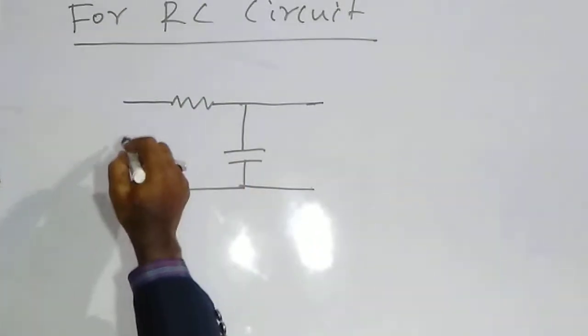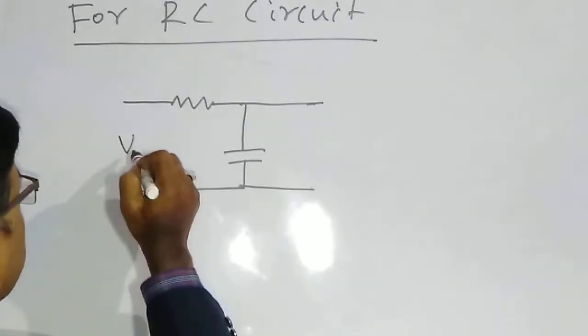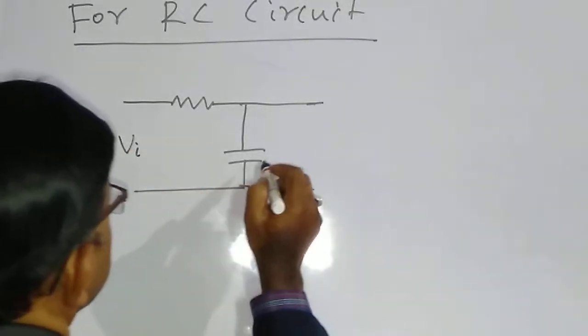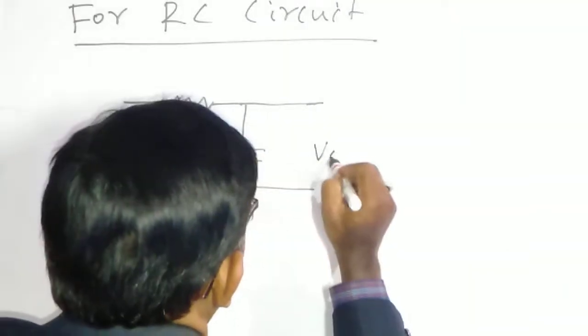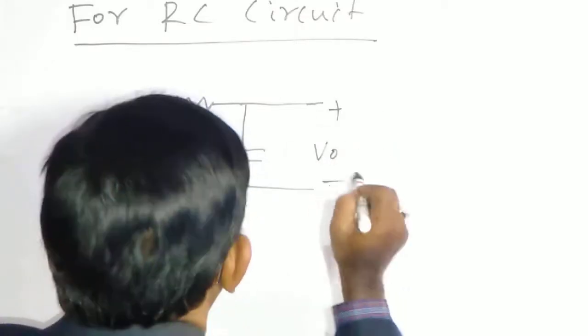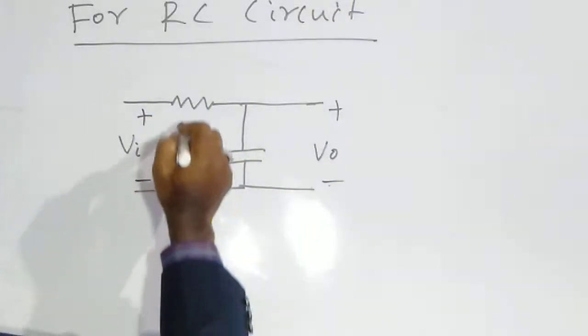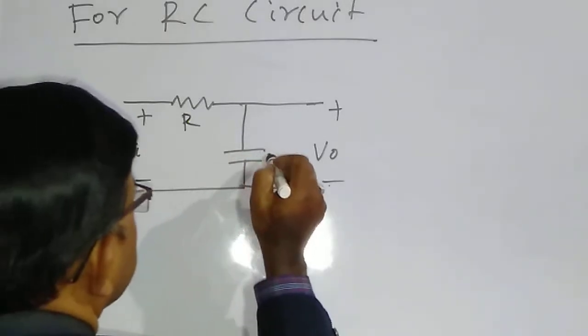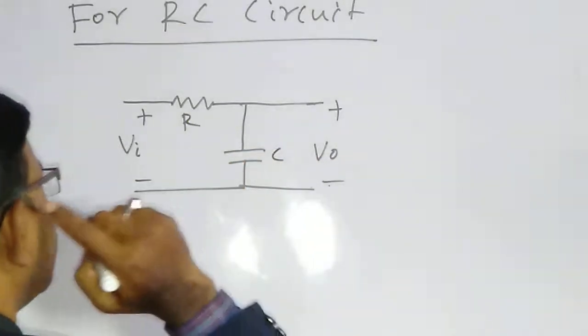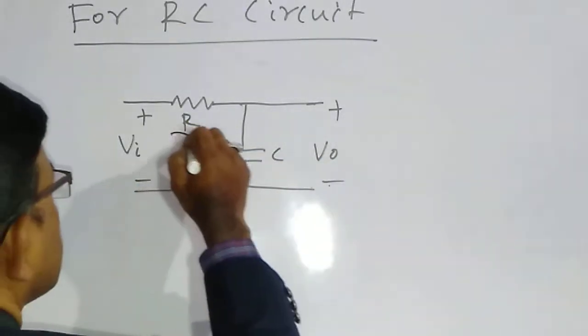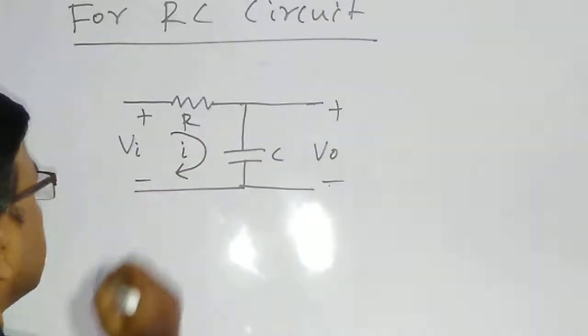So this is the circuit. This is an electrical network. Let us take, this is input voltage, this is the output voltage. So this is R, this is C, and let us assume that this current is I.